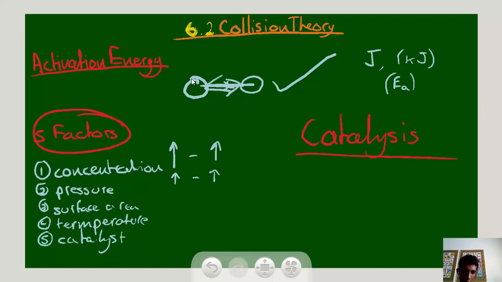Next is surface area. Surface area means the amount of area the particles are exposed to within the solution. So let's say there is a block of calcium. If it exists as a cube, let's say, there's only 6 faces that are exposed to the solution.